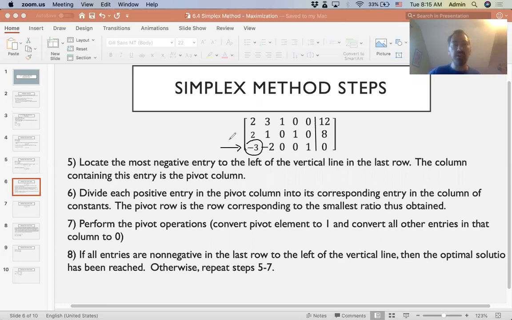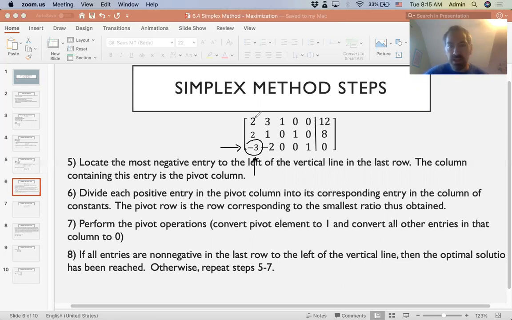All right, so now step 6, divide each positive entry in the pivot column into its corresponding entry in the column of the constants. All right, so here's my pivot column. I'm pivoting here.